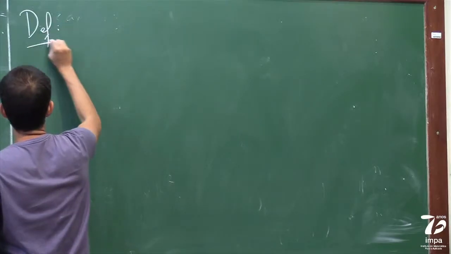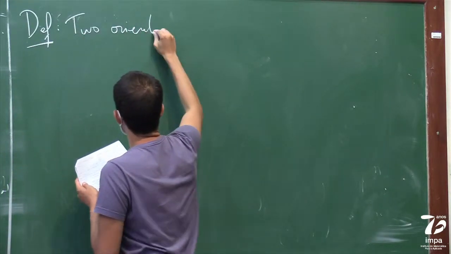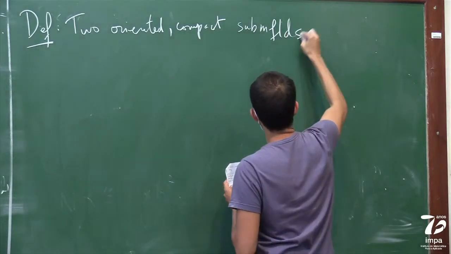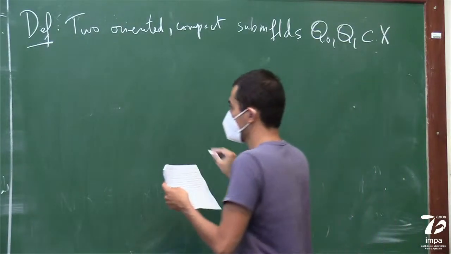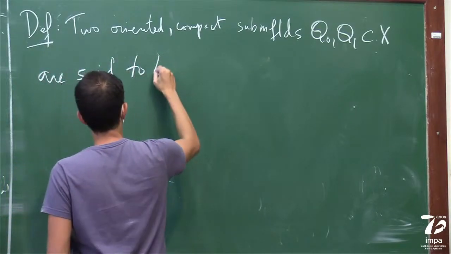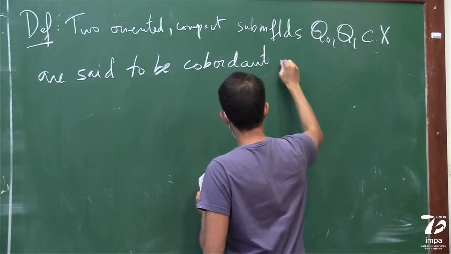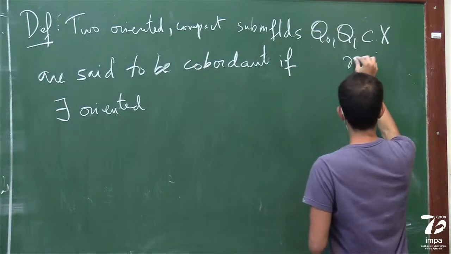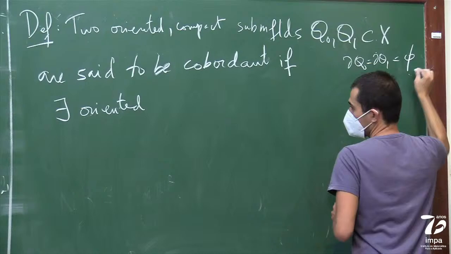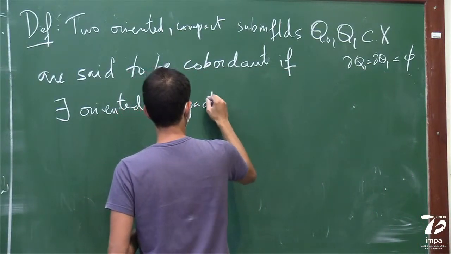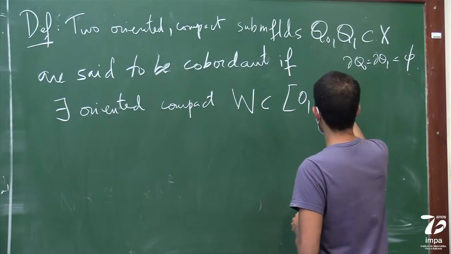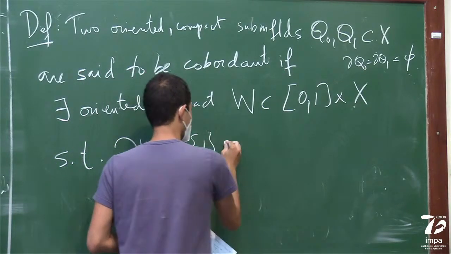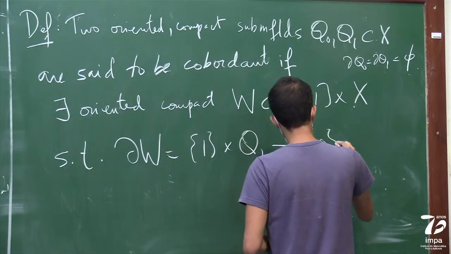So definition, two oriented and compact submanifolds Q0 and Q1 are said to be cobordant if there exists an oriented, so usually these without boundary, if there exists an oriented and compact W inside of the product [0, 1] times X, such that the boundary of W is 1 times Q1 minus 0 times Q0.